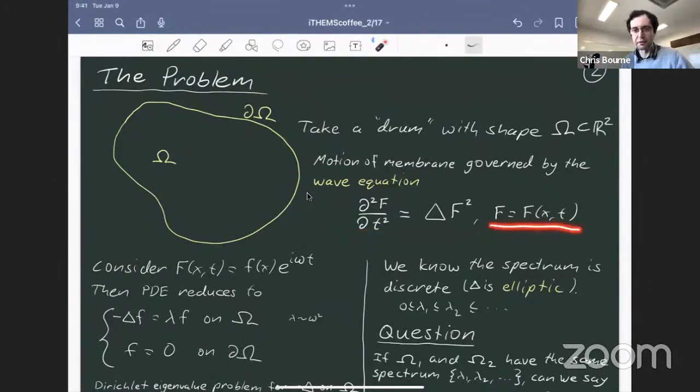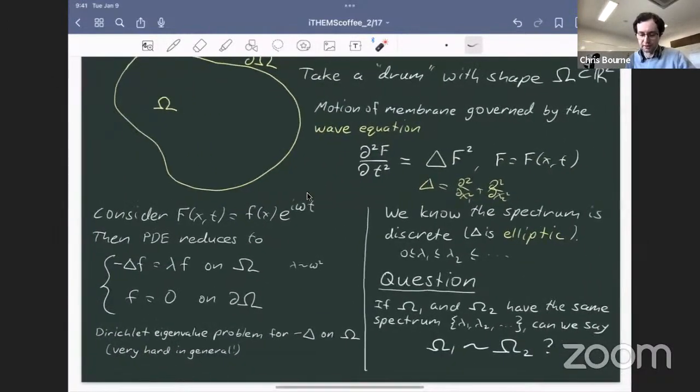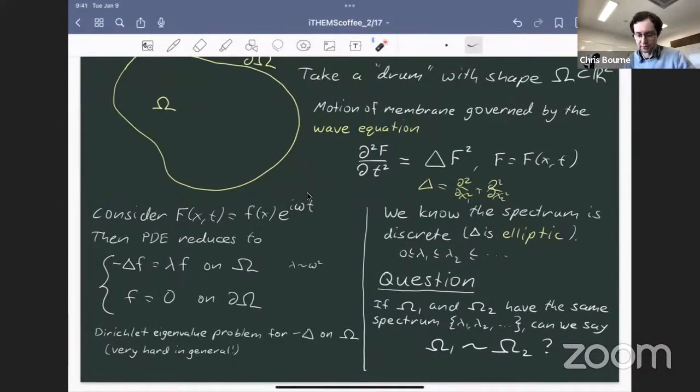So we have f, which depends on the position but also time. And the second derivative of f with respect to t is this Laplacian, where delta is d squared/dx1 squared plus d squared/dx2 squared. This is in general a difficult equation, but what we can do is consider so-called harmonic solutions.